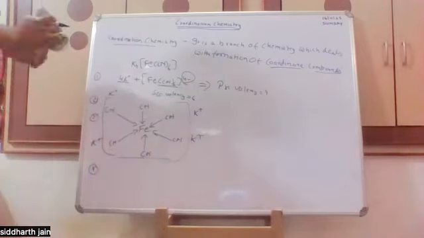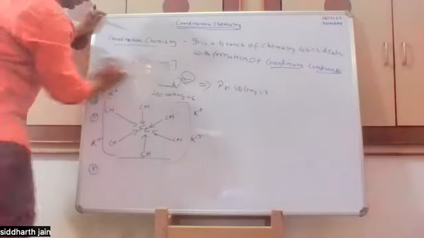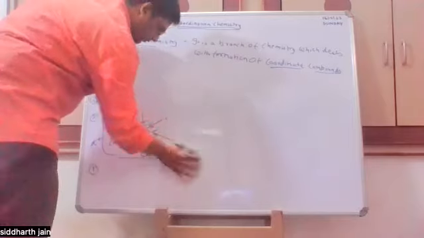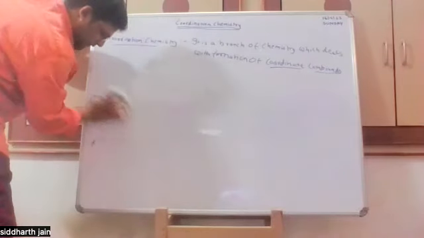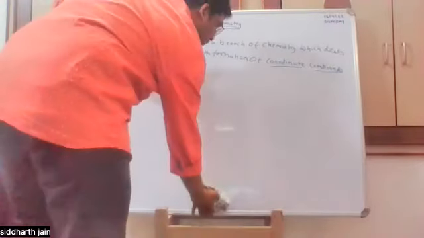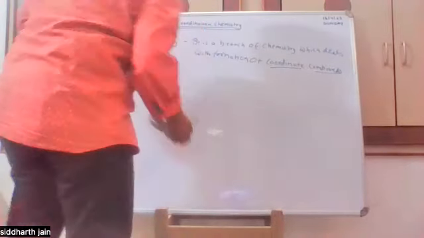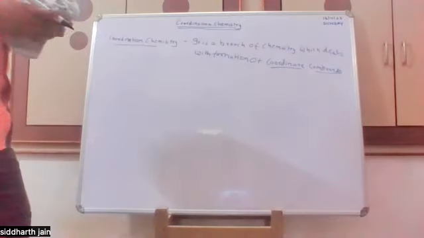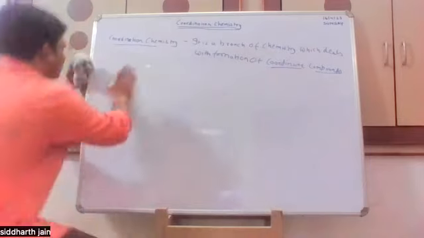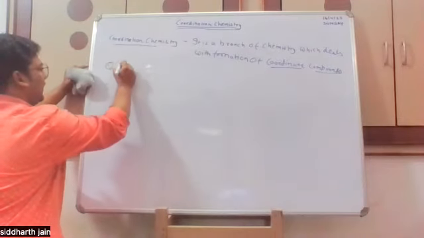So let's move to the next topic. The next topic is to define the terms, because here we are having different terms. The first term which we need to define is ligand.